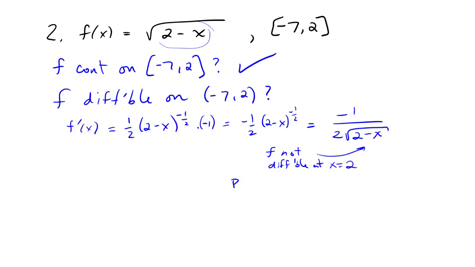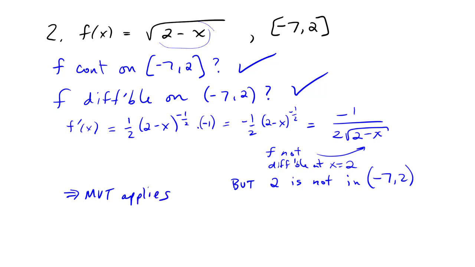But 2 is not in the open interval (-7, 2). So we're okay for the open interval -7 to 2. So in fact, MVT applies. Even though we had a place where it wasn't differentiable, that wasn't in the open interval, and that's why it's important to look at the open interval for differentiability.